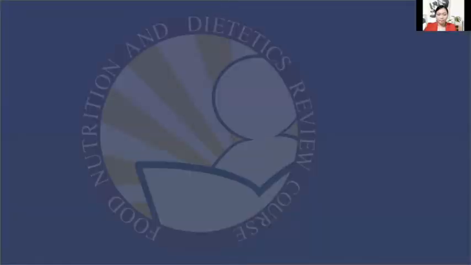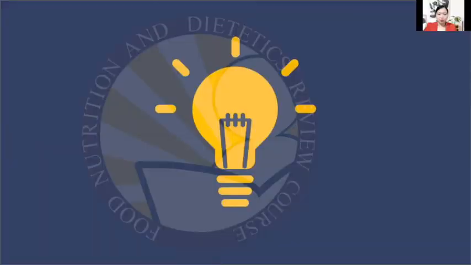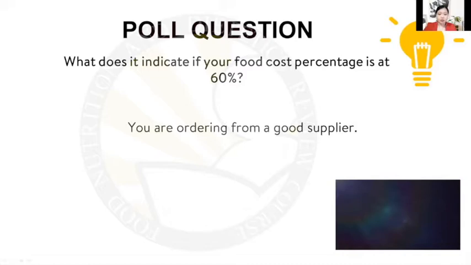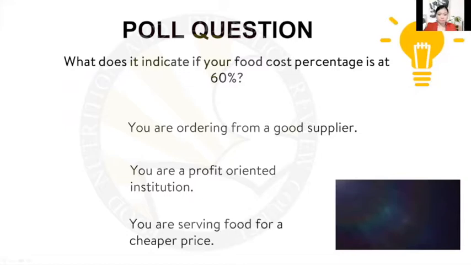Let us answer this poll question. What does it indicate if your food cost percentage is at 60%? Does it mean you are ordering from a good supplier? You are a profit-oriented institution? Or you are serving food for a cheaper price? You have 15 seconds to answer.